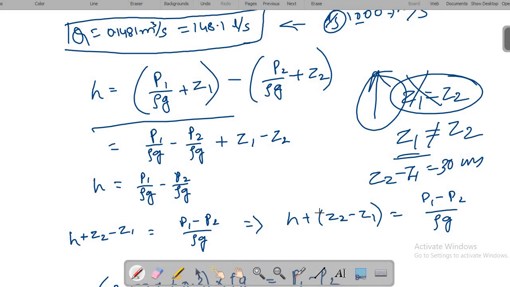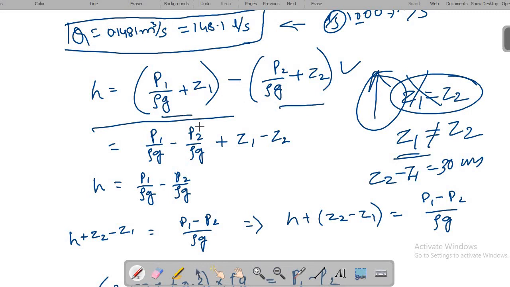If it is horizontal, then P1 by rho g minus P2 by rho g is enough. When it is vertical, we have to take P1 by rho g plus Z1 minus P2 by rho g plus Z2.